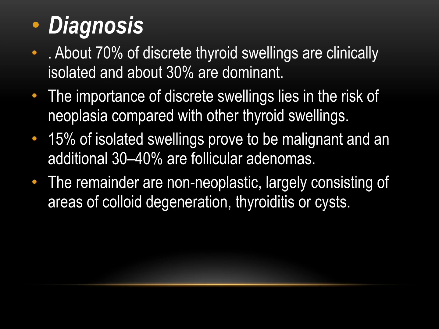Diagnosis. About 70% of discrete thyroid swellings are clinically isolated, and about 30% are dominant. So the most common is the isolated discrete swelling. The importance of a discrete swelling lies in the risk of neoplasia compared with other thyroid swellings. 15% of isolated swellings prove to be malignant, and an additional 30 to 40% are follicular adenoma.